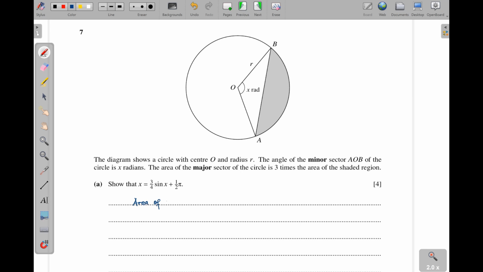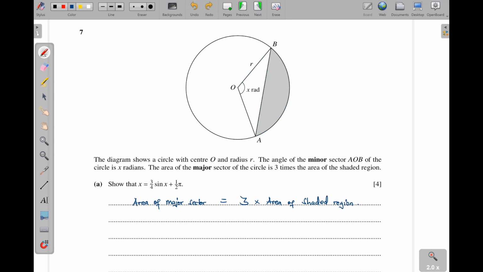Area of major sector is equal to 3 times area of the shaded region. But then how do we get area of the shaded region? The area of this shaded region is going to be area of this sector, then minus area of this triangle.